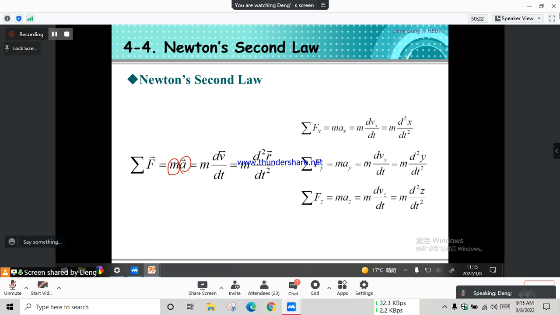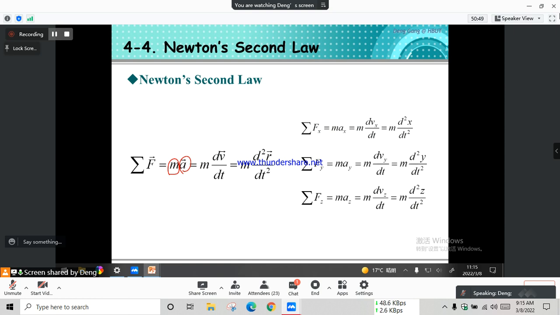And now we do not use this to measure the force. Usually we use a spring scale to measure the force. And if we can measure the force, this F equals ma can help us to measure the mass. So why do we need to use this equation to measure the mass?